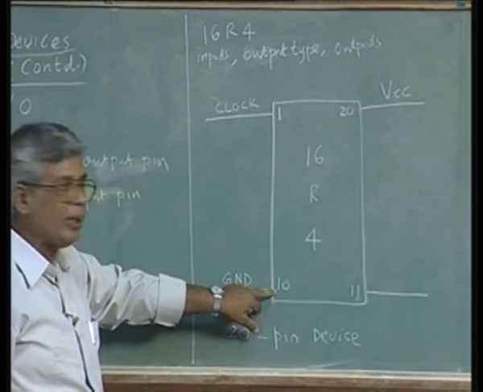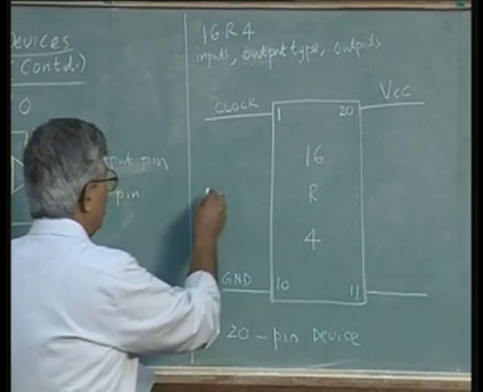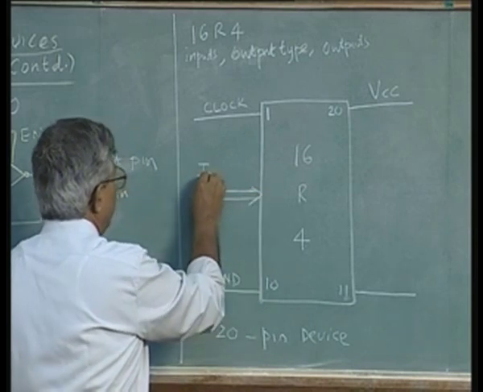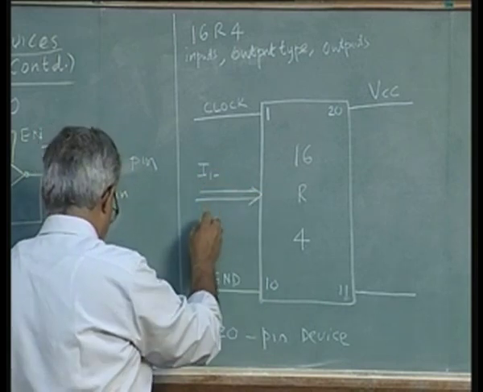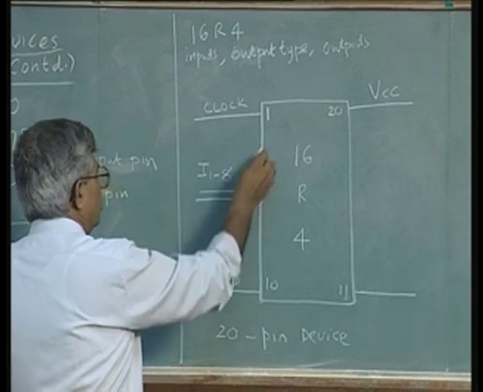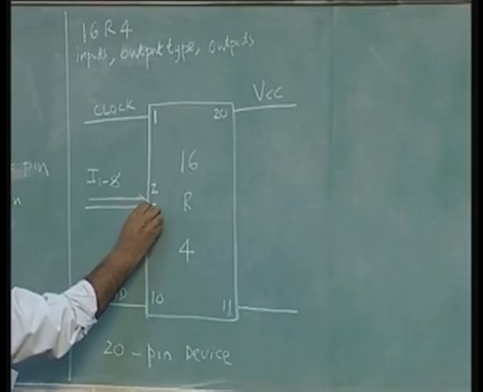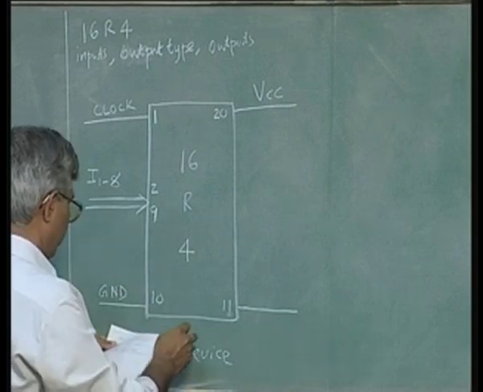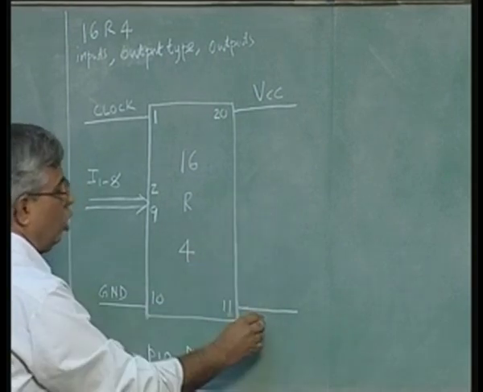Now, there are 8 pins available here which are used for inputs I1 to I8. So, pins 2 to 9 are used for 8 inputs I1 to I8, and I also said there is an output enable.